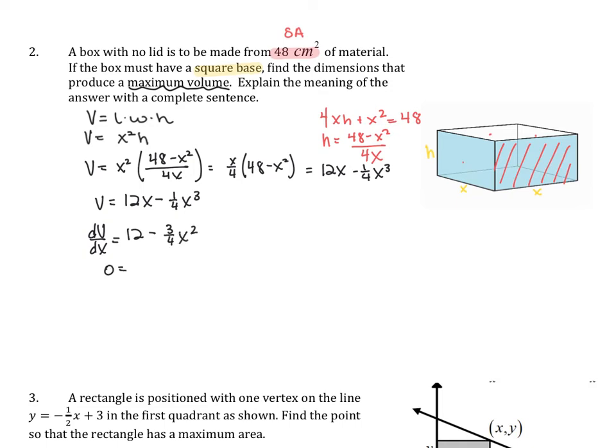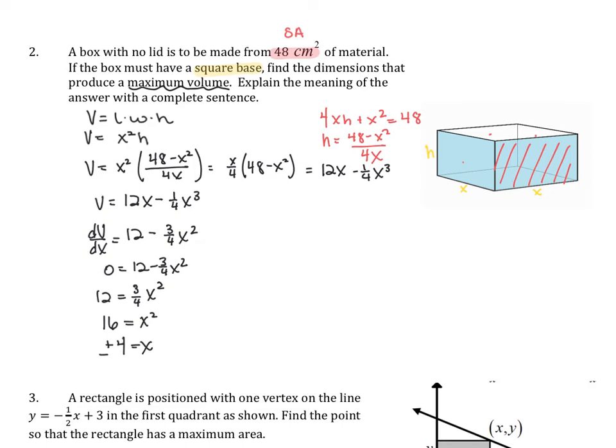Solving this for 0, we get 0 equals 12 minus 3/4 x squared. 3/4 x squared equals 12. I did it in a little bit of weird order. If I multiply that across, we get x squared equals 48 divided by 3, which is 16. And so x equals plus or minus 4.